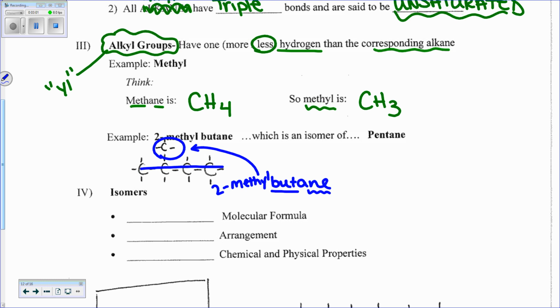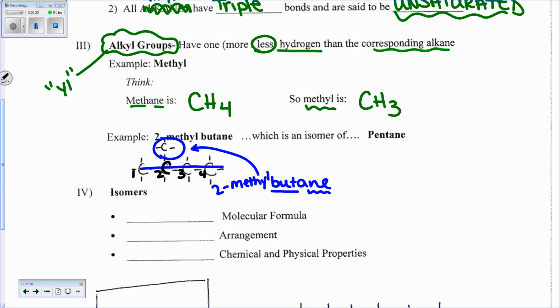So whenever you make a chain, and this will be important, you're always going to number it so the special group, whatever special group it might be, comes off of the lowest numbered carbon. So I'm going to go 1, 2, 3, 4. Well, off of the second C is where I have my methyl group, so 2-methylbutane.